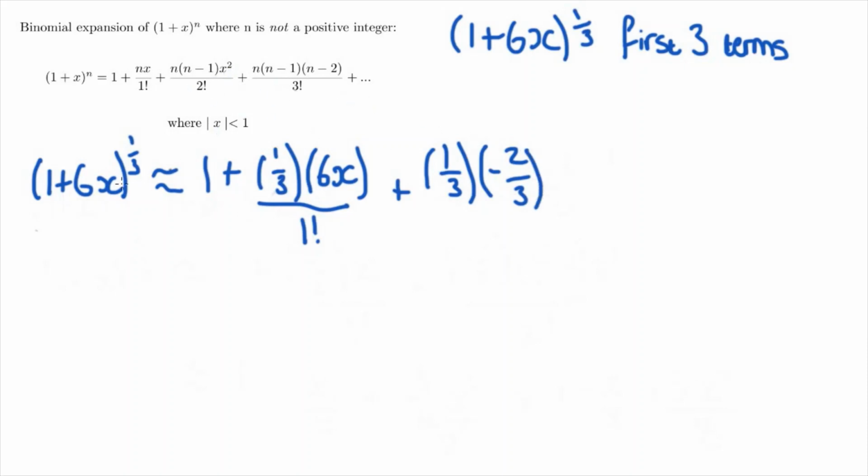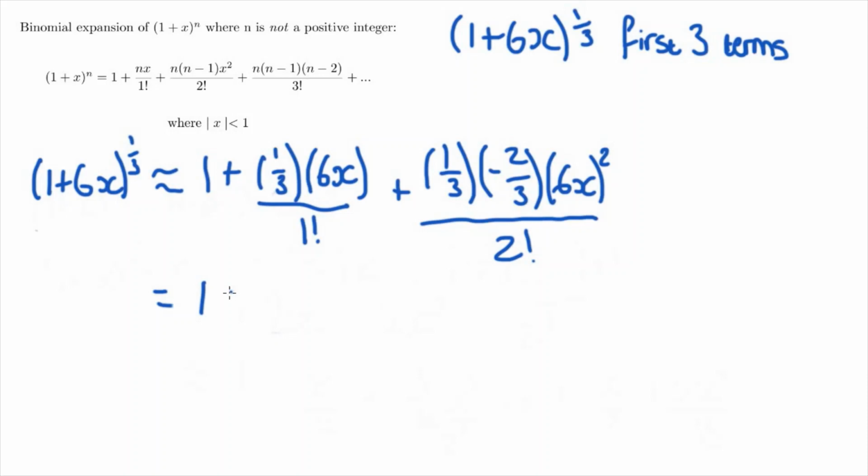But again, we don't just have x, we have 6x, so we have to square the whole thing. And then we divide that by 2 factorial. And again, we use the approximation because we're only writing the first three terms.